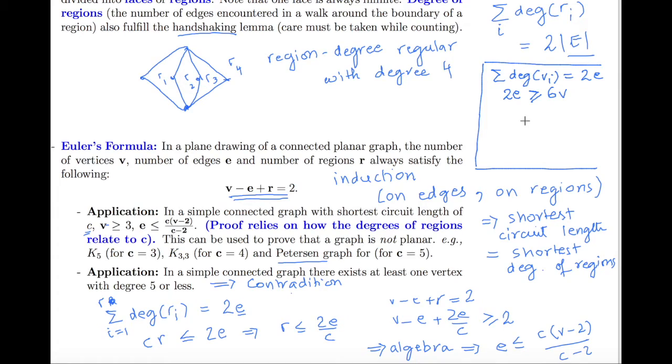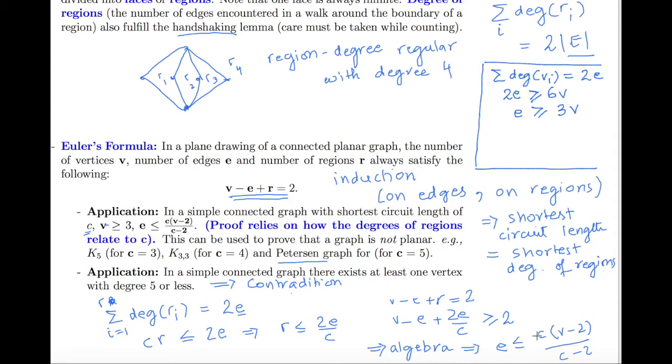Okay, so then we say that E is greater than or equal to 3 times V, correct? And then remember that we have E less than this guy.